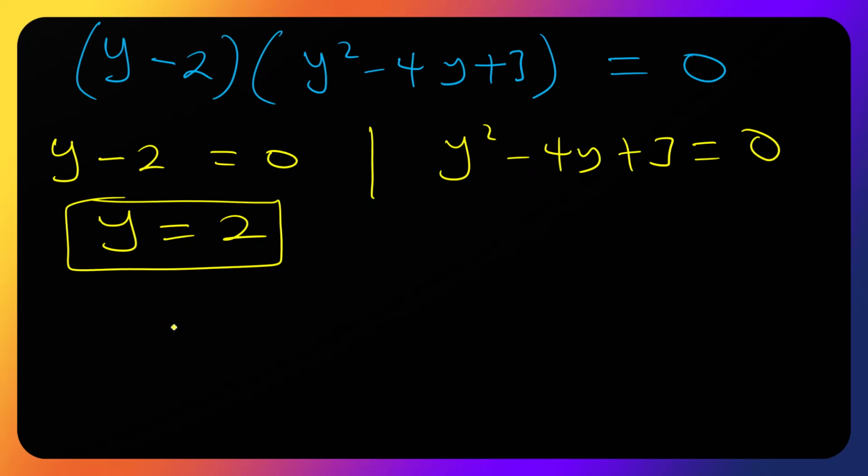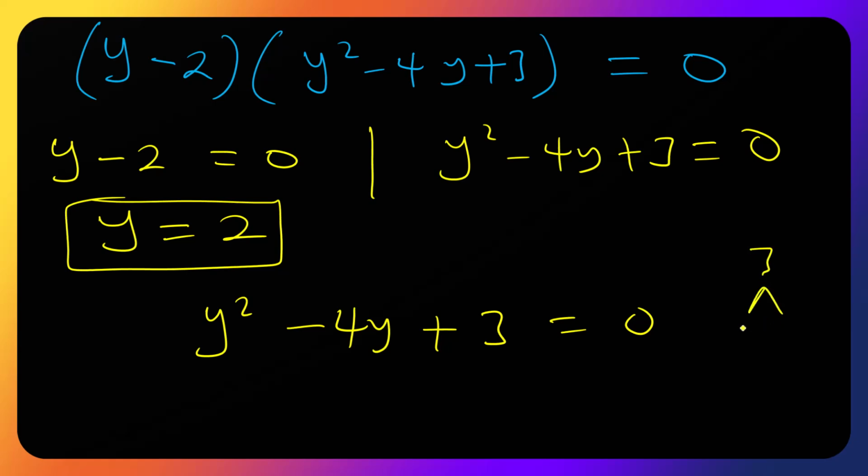So y squared minus 4y plus 3 equal to 0. Now let's look at the coefficients here. 1 times 3 is 3. So let's find two numbers that, when we multiply them, we get this, but when we add, we get this. So that will be minus 3 and minus 1. So this side is y squared minus 3y minus y plus 3 equal to 0.